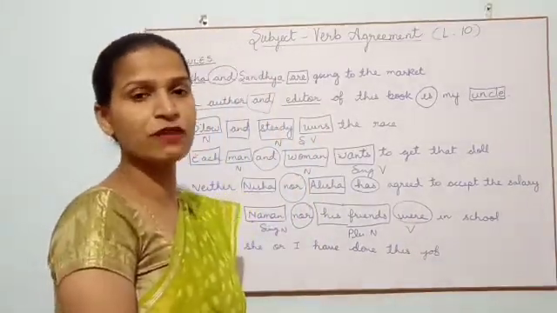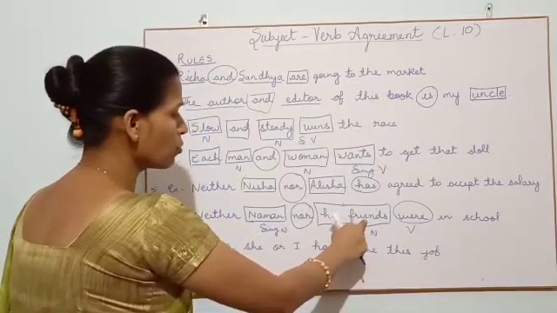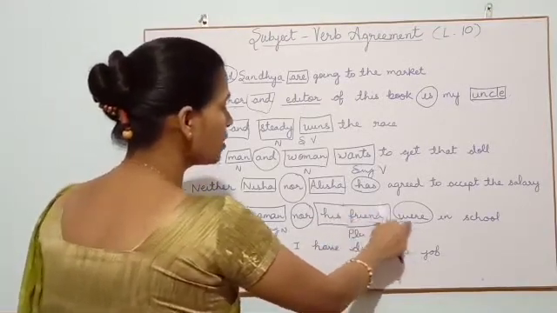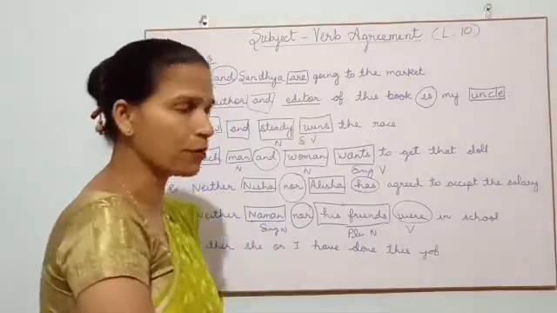Were, instead of using was, when we can see one subject is plural or one noun is plural, then we are going to take our verb as plural.